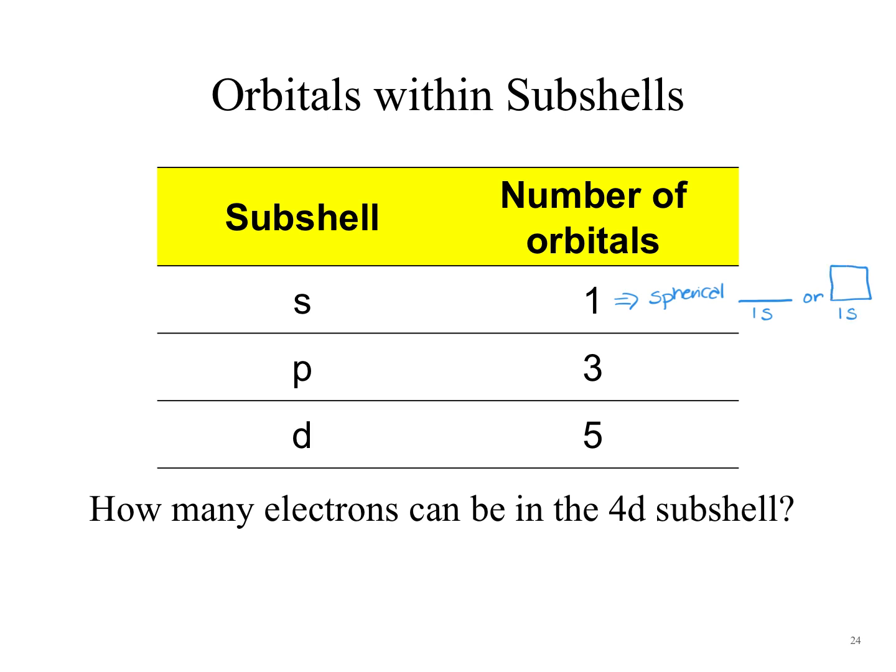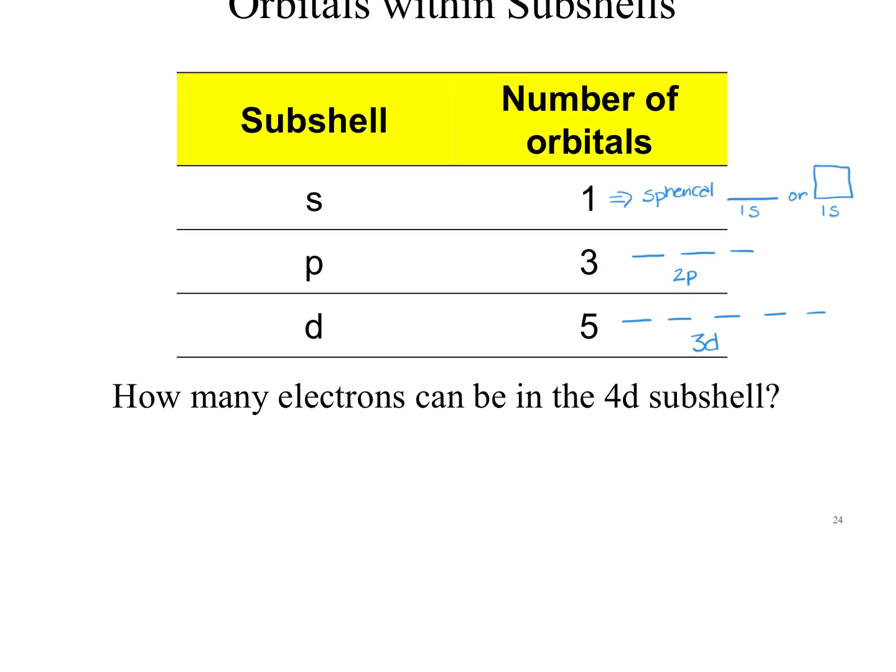If you are a p subshell, you end up with 3 orbitals of the same energy level. So 1, 2, 3. And so this, for example, would be 2p, where these are the same energy. For d, you end up with 5. So for example, if you are 3d, you would have 5 d orbitals at the same energy.